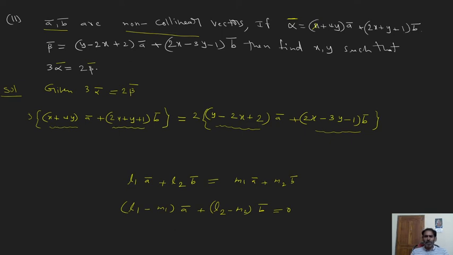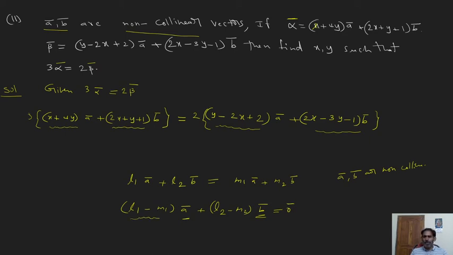Now here A bar, B bar are non-collinear. Whenever the vectors are non-collinear, this total expression must be 0 bar, since these two are linearly independent vectors.